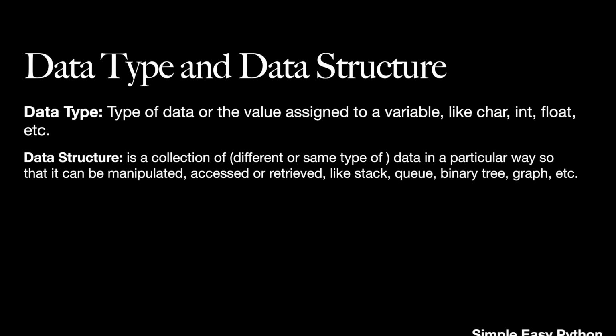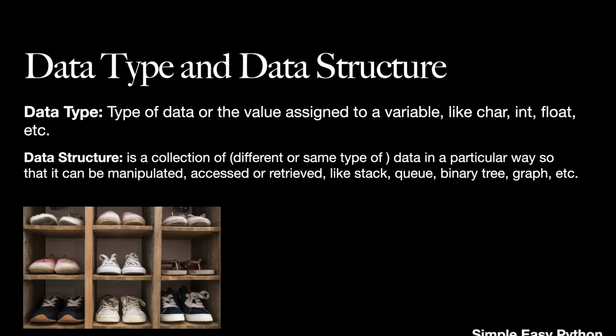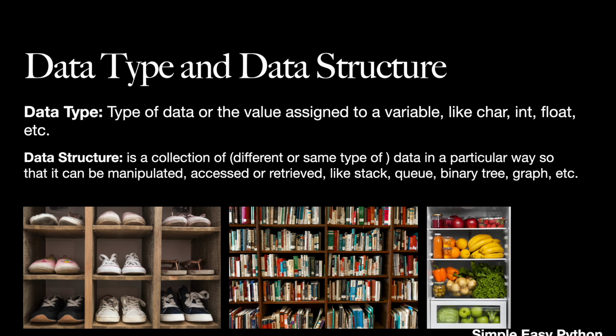Let us take an example to understand. Data type is a very fundamental thing. You can just imagine, let us compare it with a human body. If the human body is the data structure, then a single cell is the data type. Let us check some examples. Here you can see three pictures. On the left is the shoe rack, in the middle there is a bookshelf, and in the last there is a refrigerator with certain food items.